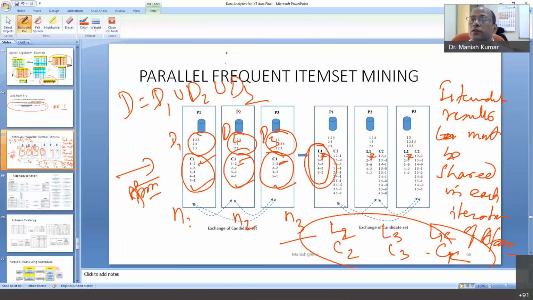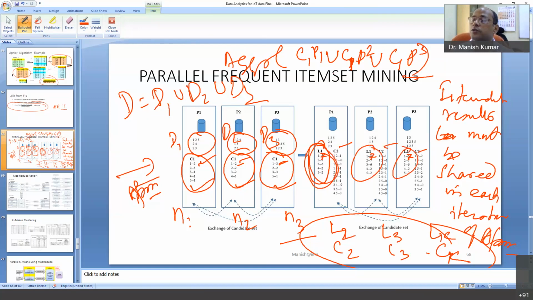We are aggregating the C1 of P1, then C1 of P2 and C1 of P3, taking the union aggregation of this. Then C2 will be generated based on the common L1, which is passed to each of the nodes. This is the arrangement for Apriori to be executed in a distributed and parallel way.